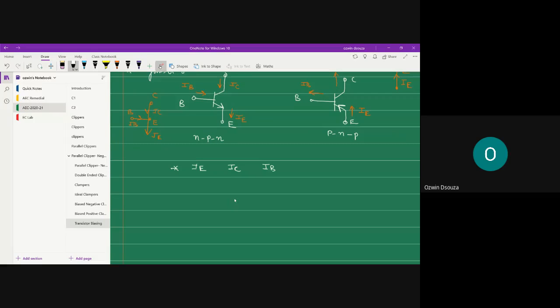The three currents are the currents which will flow from their respective semiconductor layers. In the sense, if I consider the junction structure of, let's say, an NPN transistor, you will have N layer, and then you will also have, just a minute.